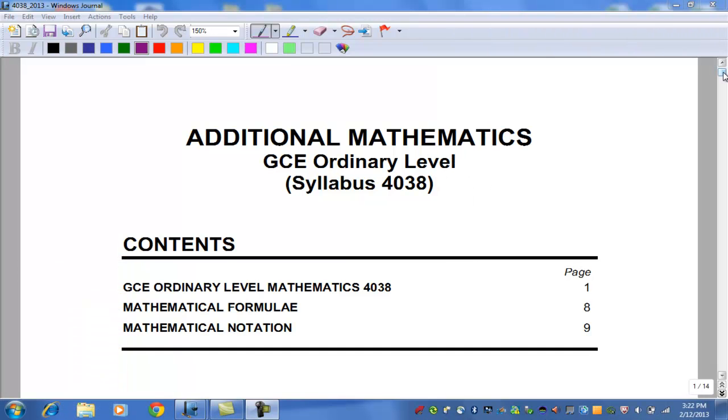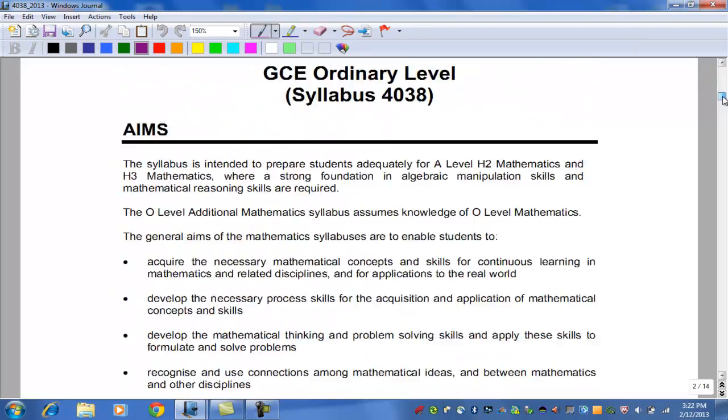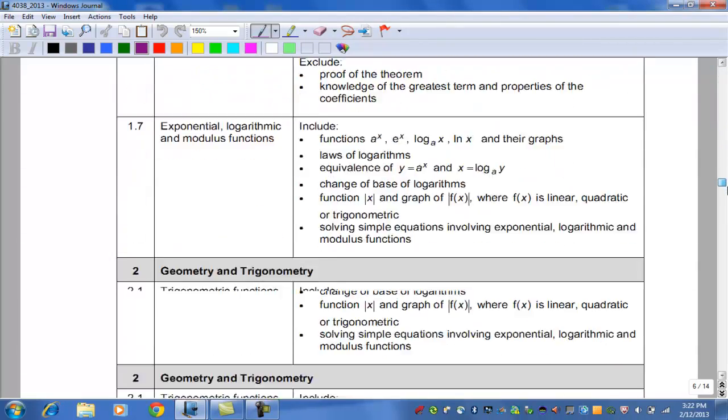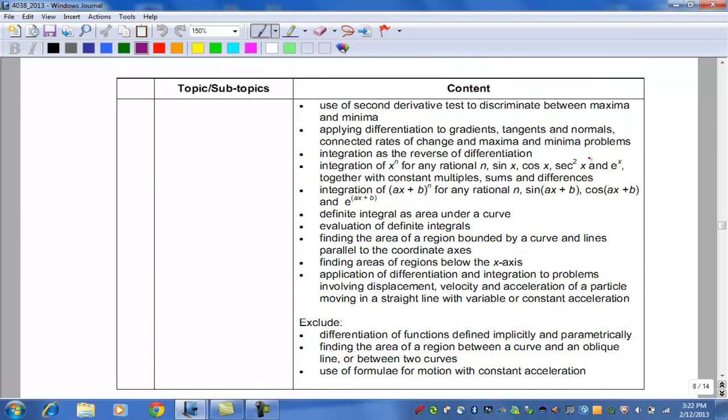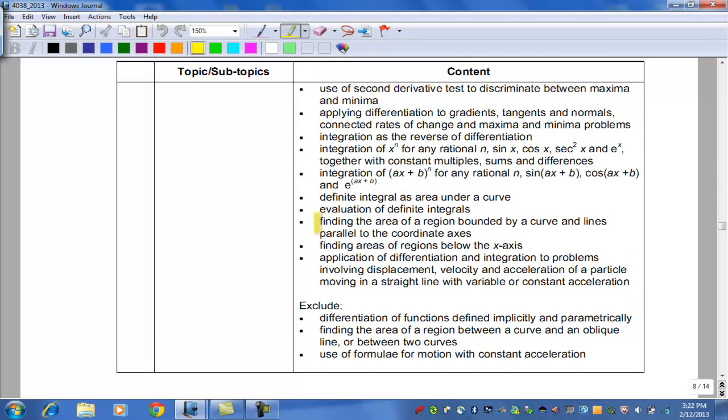Right, based on what you have learned in additional mathematics at the O level, you have come across questions involving finding the area of the region bounded by a curve and the lines parallel to the coordinate axis.